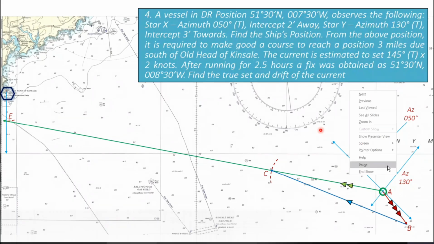So we want to proceed ahead from here. To find out which course we should be steering, we used to do this exercise on the chart. So once you do this exercise, you make this 1 hour course, distance and current vector triangle. You can find out which course you should be steering, and then you will start to proceed.